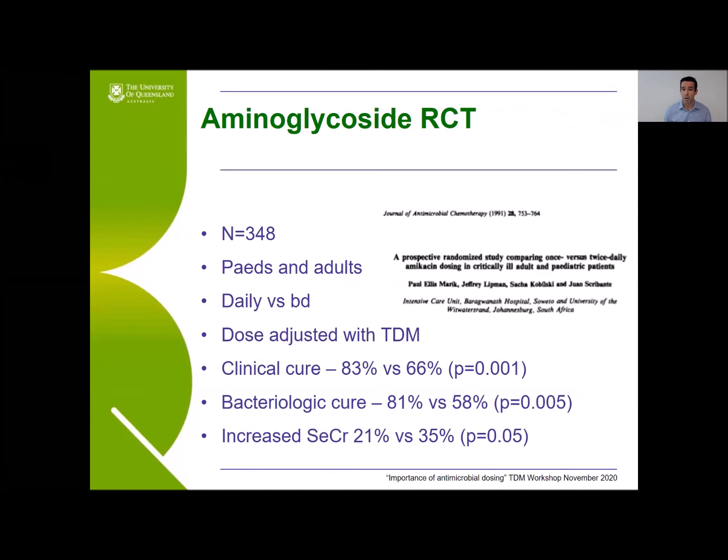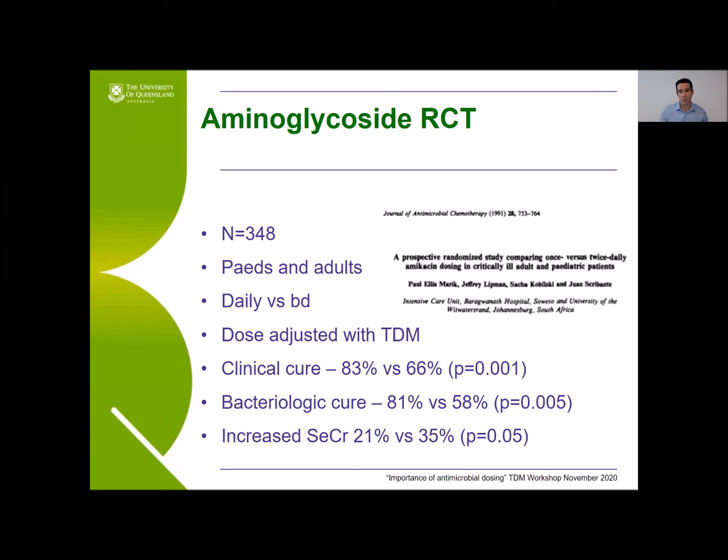In terms of aminoglycosides, this is a randomised controlled trial performed in the late 1980s, published in the early 1990s, which essentially showed that if you use once daily aminoglycosides, whereby you're more likely to achieve a higher peak concentration, which is being true to the pharmacodynamic characteristics of this drug, then you are more likely to have higher clinical cure, higher bacteriological cure, as well as reduced incidence of renal dysfunction compared with twice daily dosing.